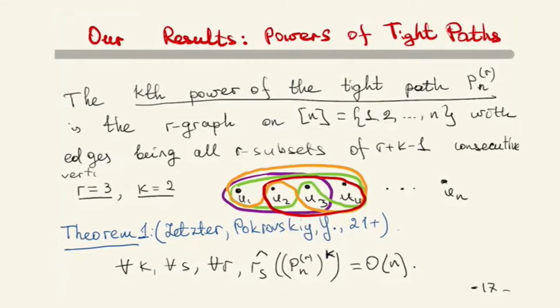So we basically showed that the size Ramsey number of all tight paths of all uniformities is linear, but we actually showed something stronger. We showed that if you take the kth power of any such tight path, then its size Ramsey number is also linear.